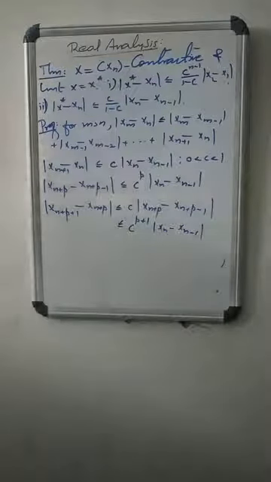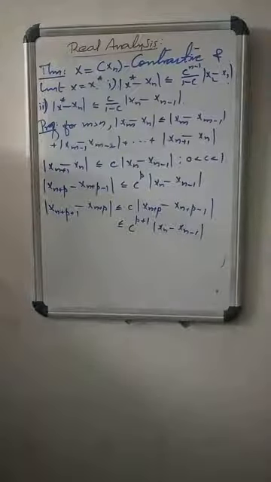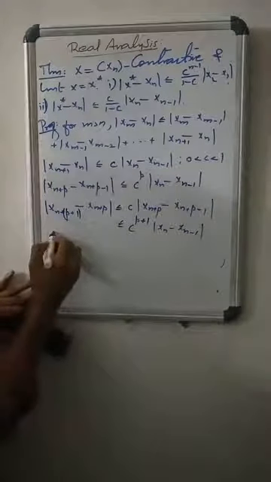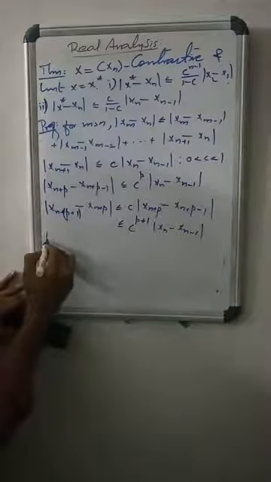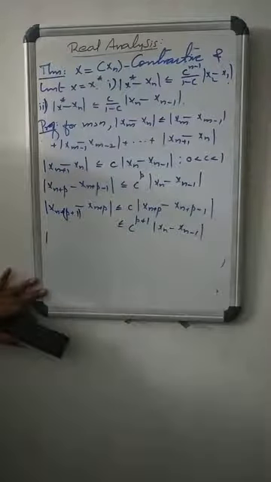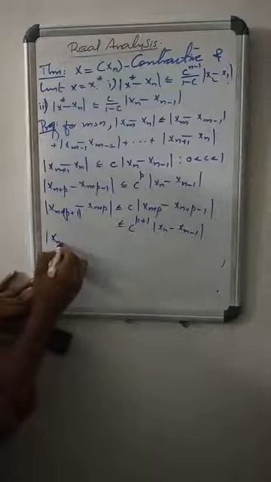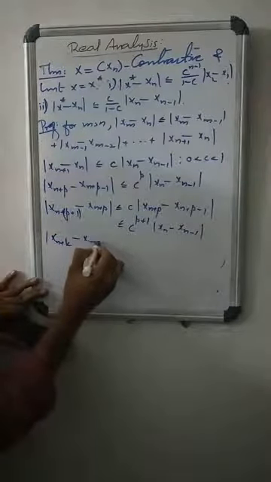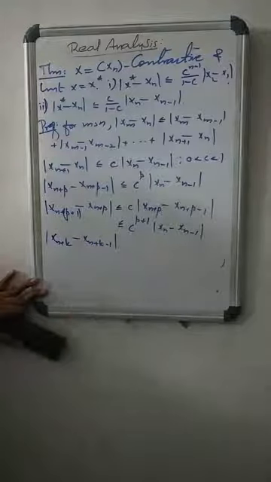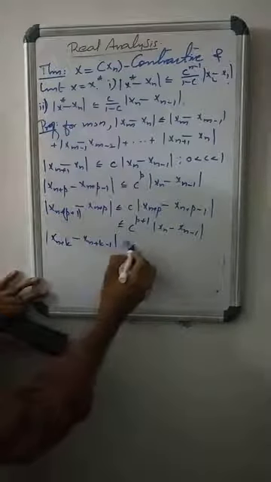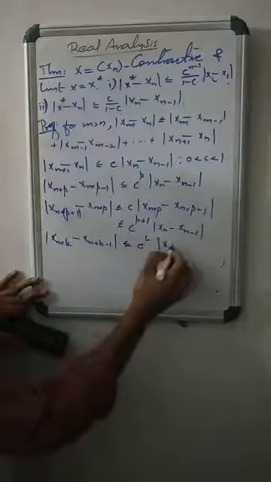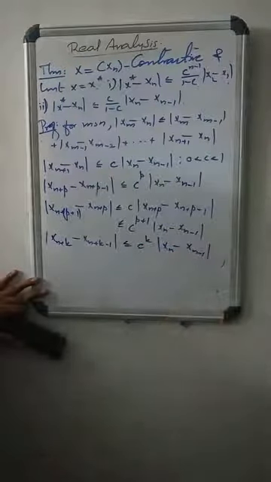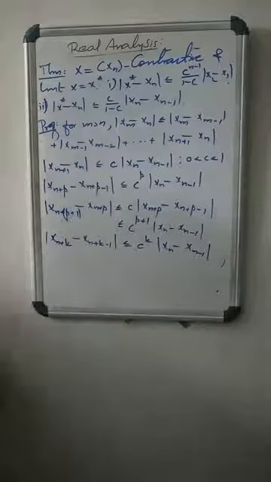Hence the result is true for k equals p plus 1. Therefore, the result is true for every natural number. That means modulus of x_{n+k} minus x_{n+k-1} is less than or equal to c^k into modulus of x_n minus x_{n-1} for all k in the naturals.